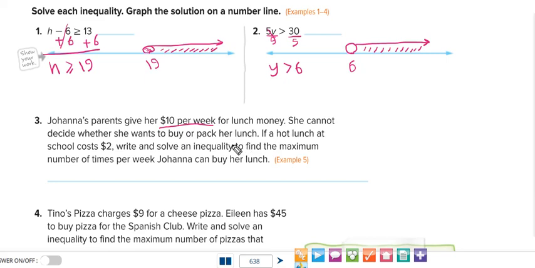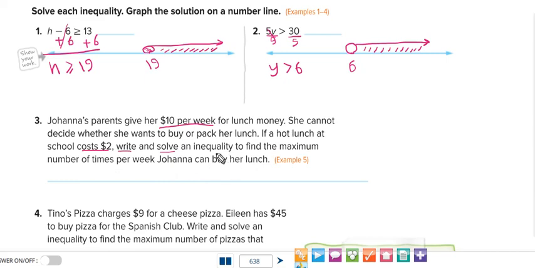If a hot lunch at school costs $2, write and solve an inequality to find the maximum number of times per week Joanna can buy her lunch. Very easy.